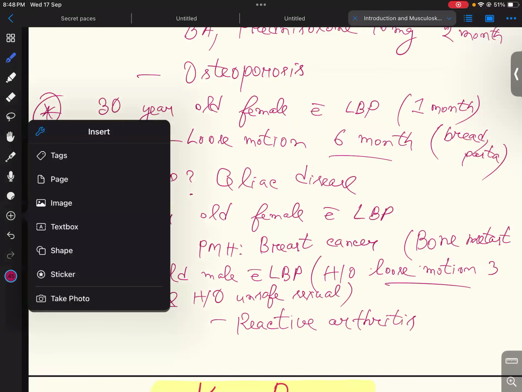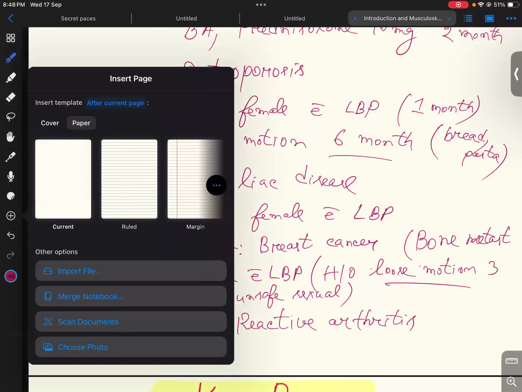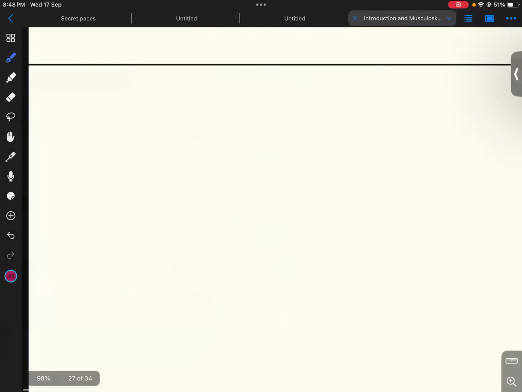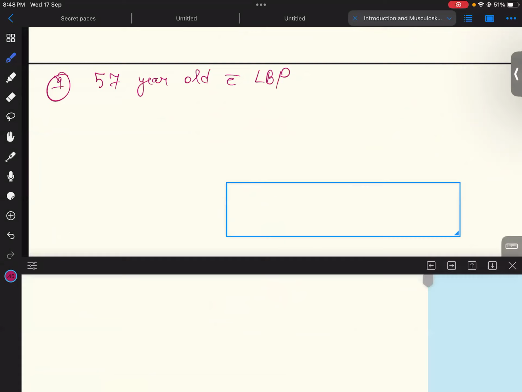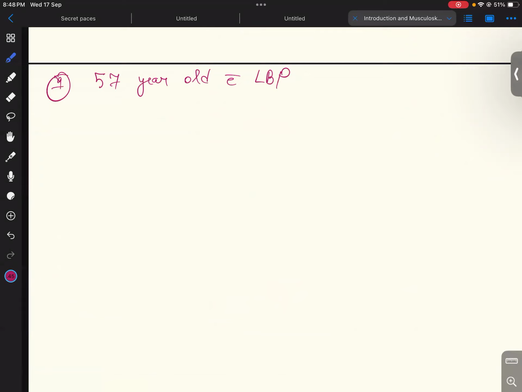So let me tell you another case. A 57-year-old man with severe low back pain. After entering the station, regarding the past medical history, he is telling that he had surgery of valve, and that was a case of mitral valve replacement.